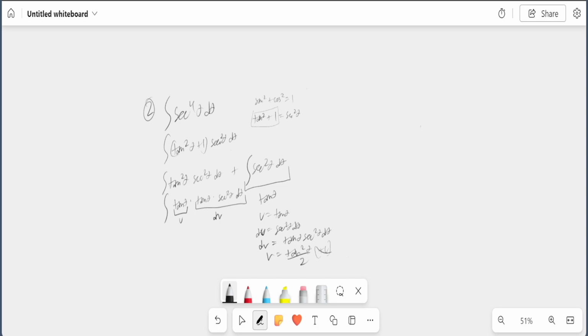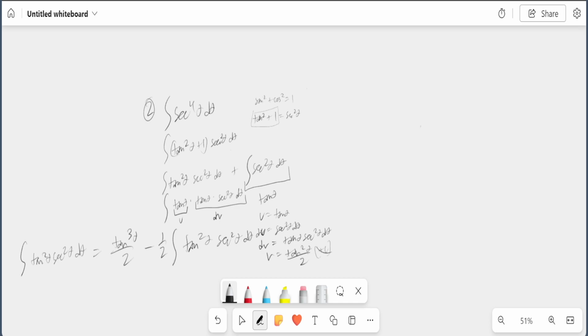Okay, yeah. And then now we would do uv. So tangent cubed theta over 2 minus the integral of v du, tangent squared theta times secant squared theta. Oh yeah. Okay. So this would be minus 1/2 integral of tangent squared theta secant squared theta d theta, right? And that seems like a bad thing at first, but we know that this is equal to the original integral of tangent squared theta secant squared theta d theta.